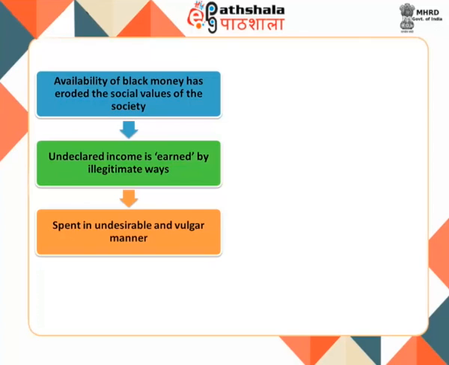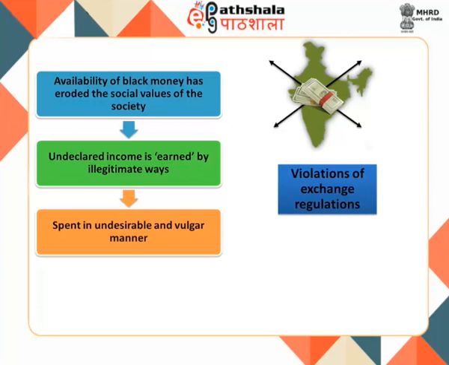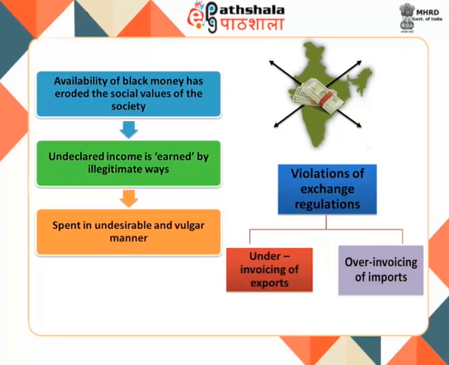Black money results in transfer of funds from a country to foreign countries through clandestine channels. Such transfers are made possible by violations of exchange regulations through the device of under-invoicing of exports and over-invoicing of imports.